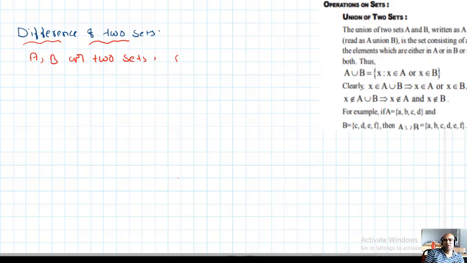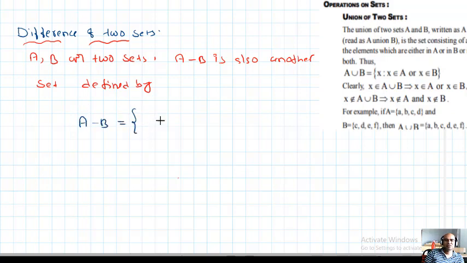A minus B is also another set, defined by what I just explained: from A you want to remove the elements which are in B. A minus B is the set of x, where x should be in A but not in B. I will write x belongs to A and x does not belong to B. So this is the definition of A minus B.